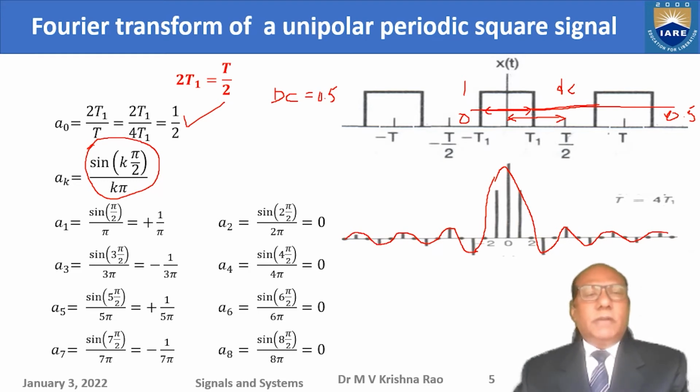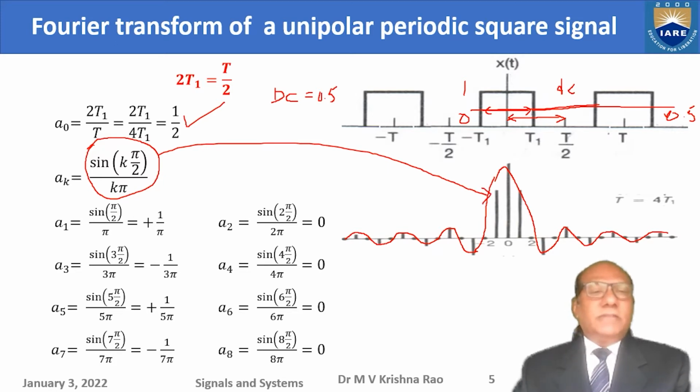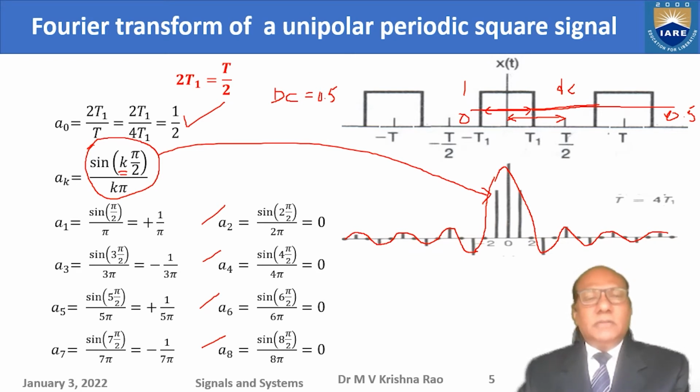So this is the envelope here, and you are sampling this envelope at k by substituting for k different values. And if you see in this case, the DC value is 0.5 and A2, A4, A6, A8, all even coefficients, the coefficients of even harmonics, they are zeros.